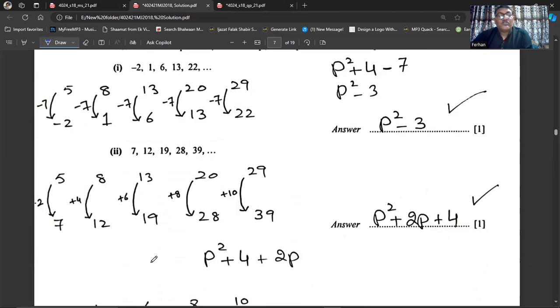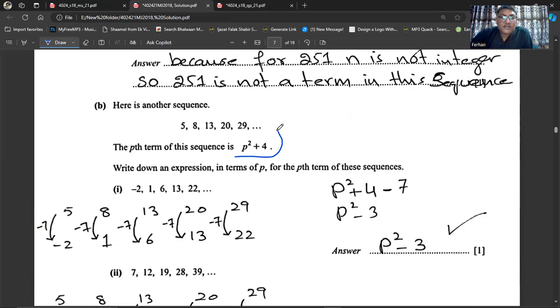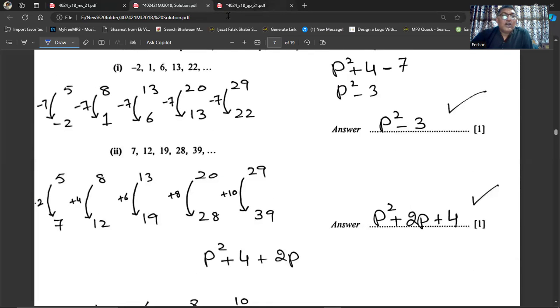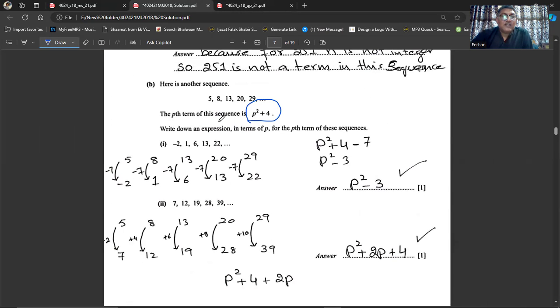So you are adding up the multiples of 2, or the table of 2. The table of 2, its formula is 2p. So in the nth term of this, I will add 2p, as you can see here. So it becomes p square plus 2p plus 4. I hope you understand this.